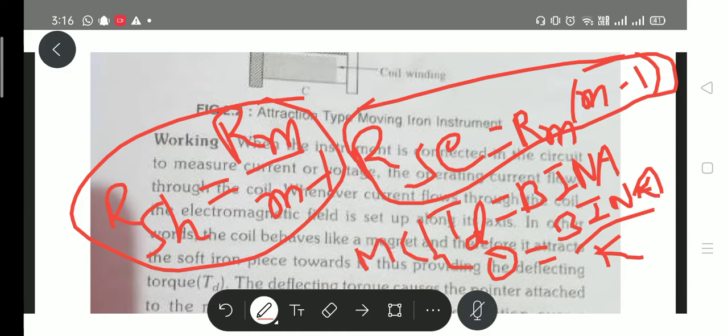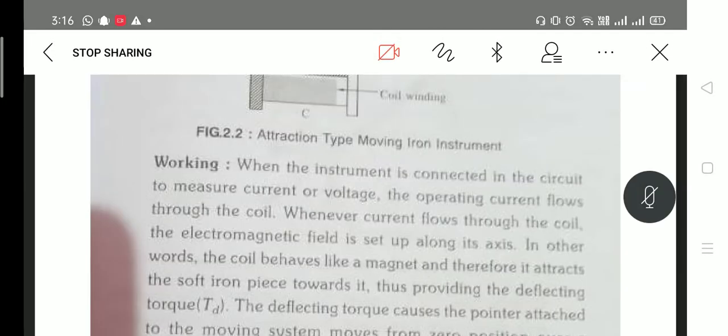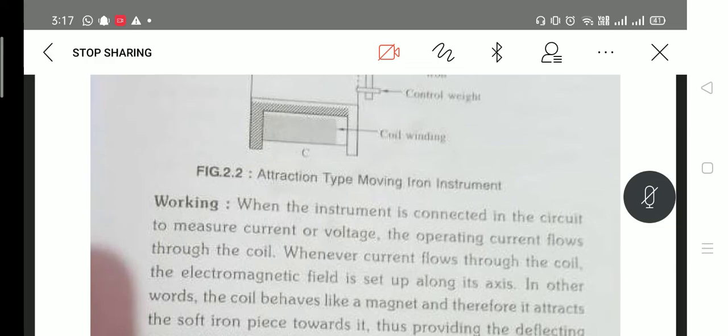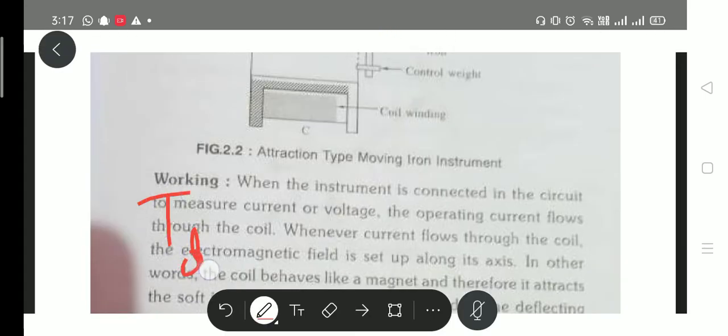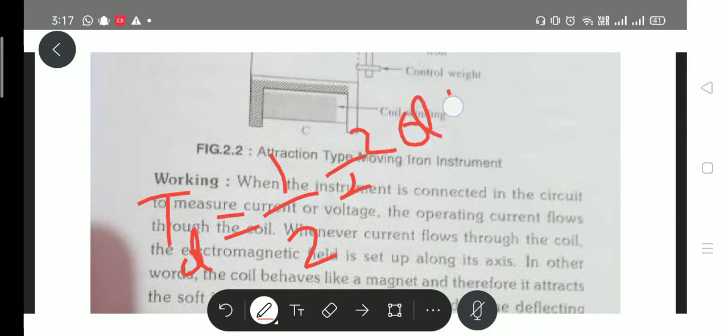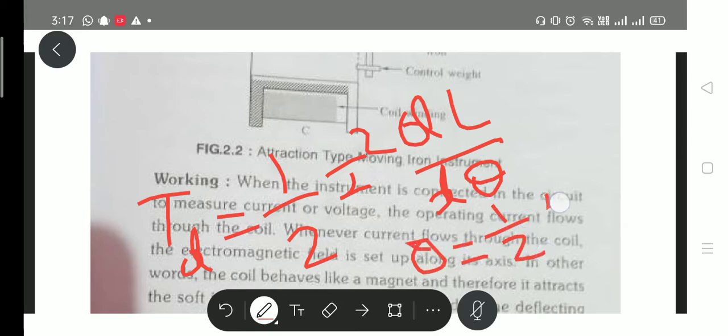And for the moving iron instrument, Td is equal to half I square dL by d theta. For the deflection, theta is equal to half I square by K into dL by d theta.